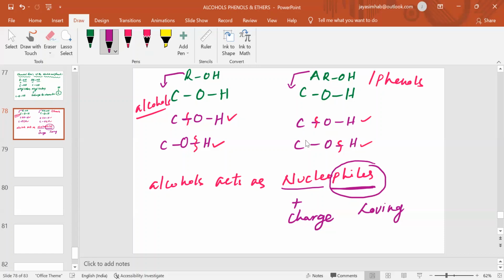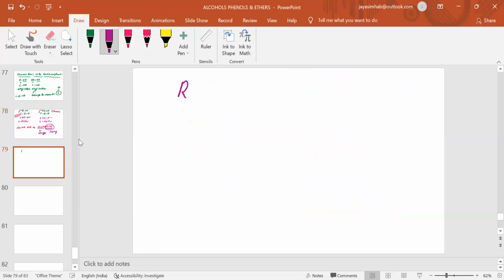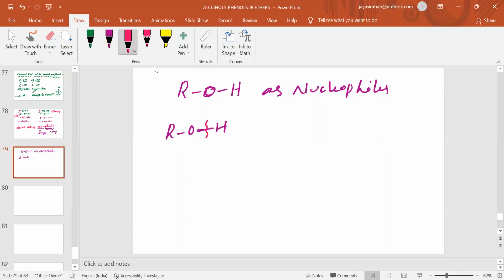So alcohols act as nucleophiles. When alcohols, ROH, behave as nucleophiles, it is whenever the bond between O and H is broken down that they act as nucleophiles.